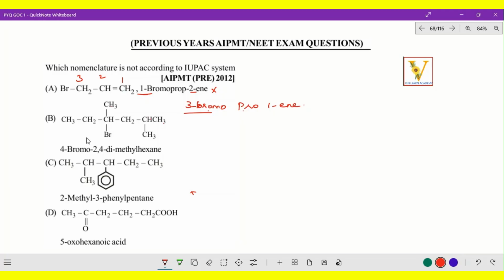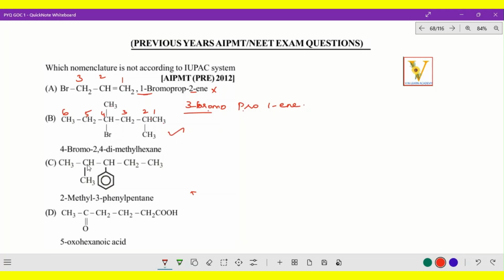Numbering from one end would put a methyl on the third carbon, but here the methyl is on the second carbon, so we give priority from here. So 2,4 dimethyl and 4 bromo. This is the correct answer only.